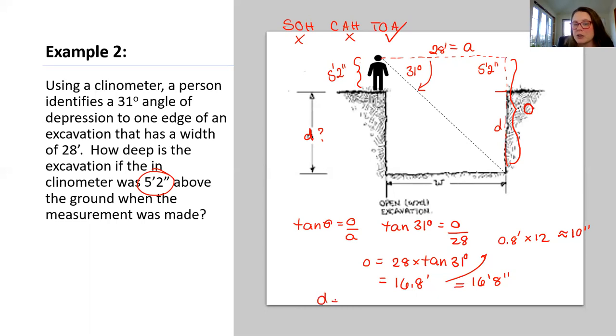So the depth is going to be 16 feet 8 inches minus 5 feet 2 inches, which leaves us with 16 minus 5, 11 feet, and 8 minus 2 gives me 6 inches. So it's 11 feet 6 inches deep.